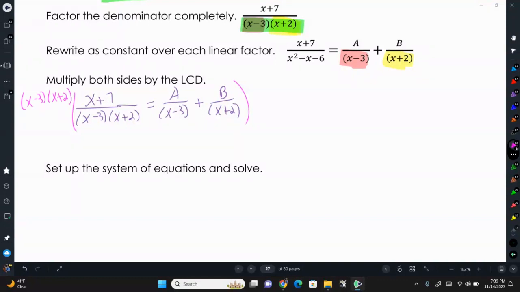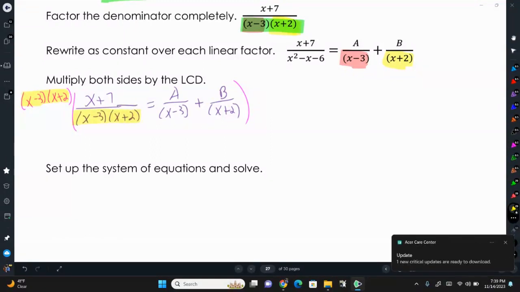Now, when we distribute that in to each one of these, what happens is that all our denominators go away. So if we multiply that to this left side, x plus 7 over that denominator, well, we have this on top, this on bottom, they're going to cancel.